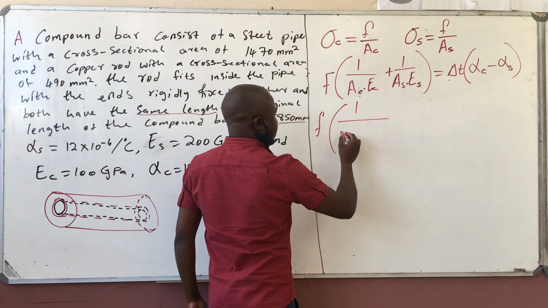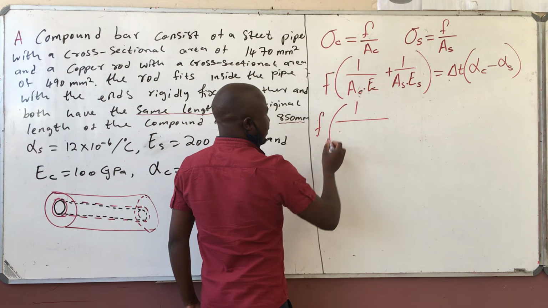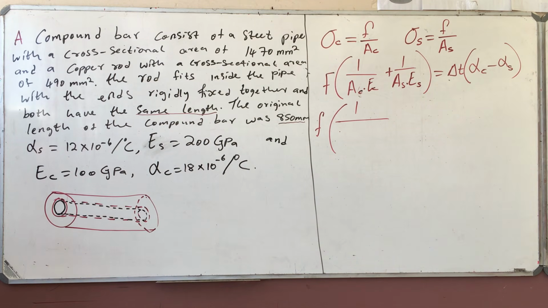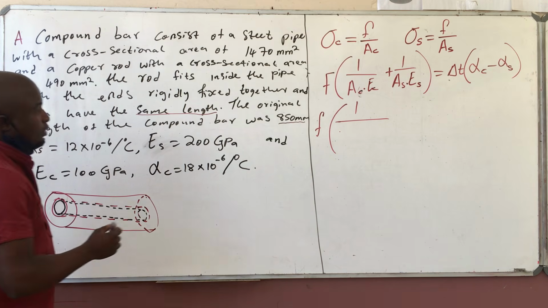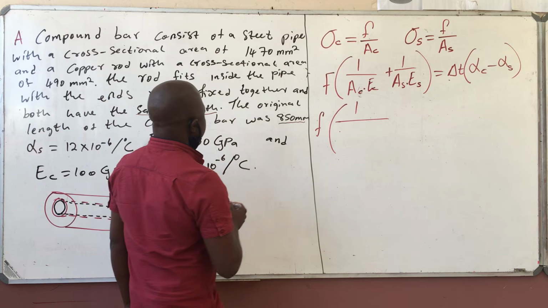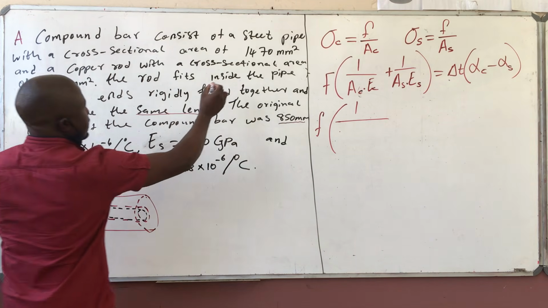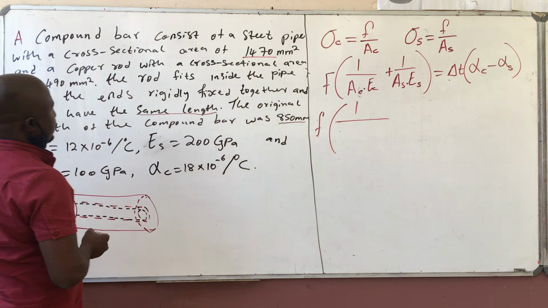It's 1 over, what is area C? 490. What is the first one, I see this one. And the second, what is the second one?